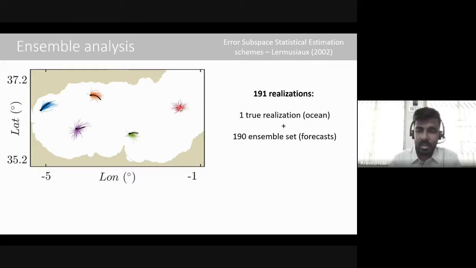And since the group at MIT that did the model simulation had a method to generate an ensemble set of simulations using one single central realization by perturbing either the initial or boundary conditions or various parameterizations that were involved.